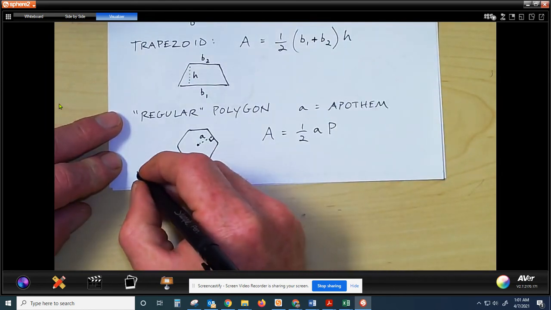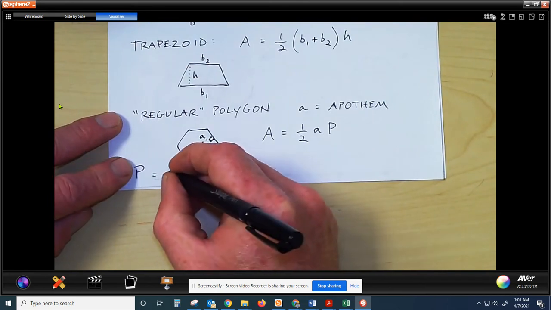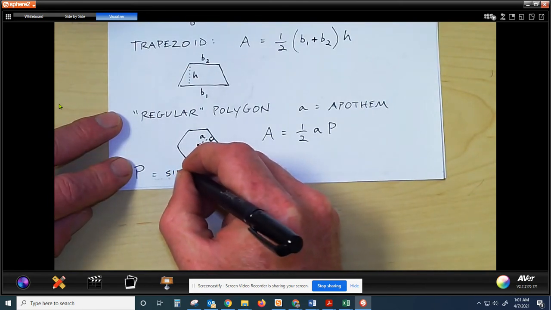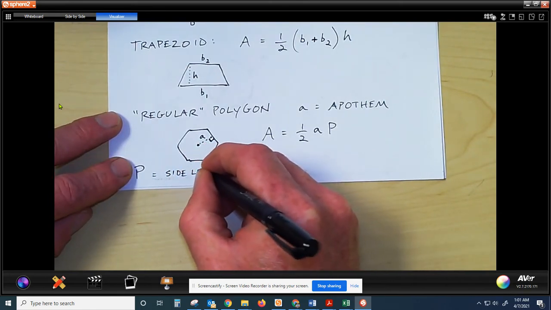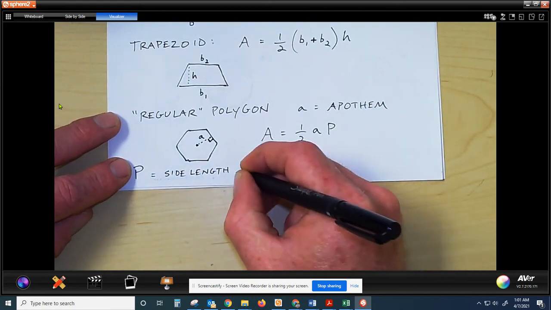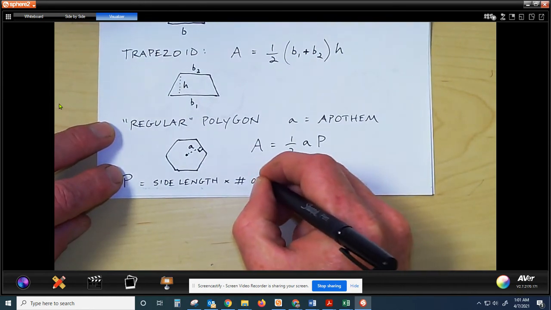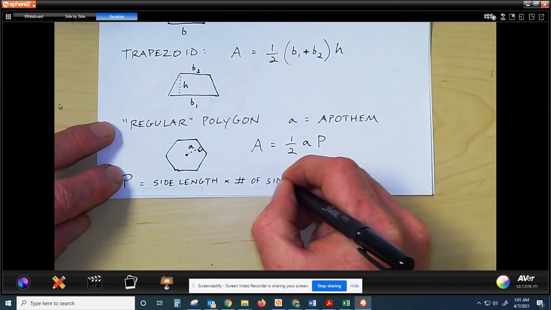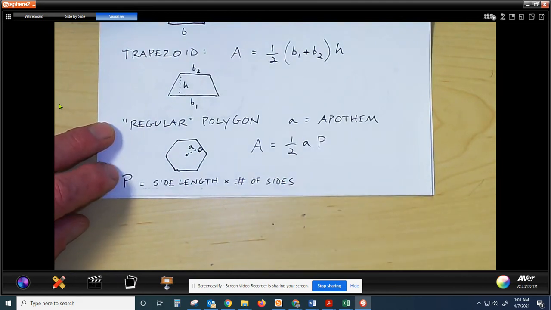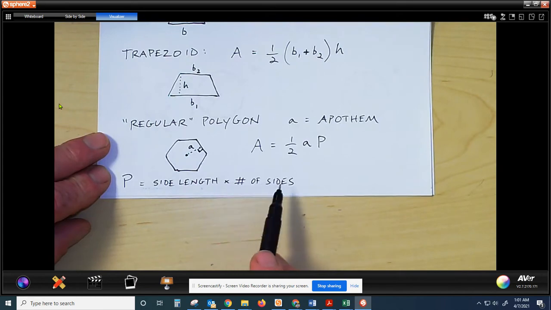In math language, I might say that the big P is equal to a side length, because they're all the same side lengths, multiplied times the number of sides. That would give you your perimeter. One of the side lengths times the number of sides.